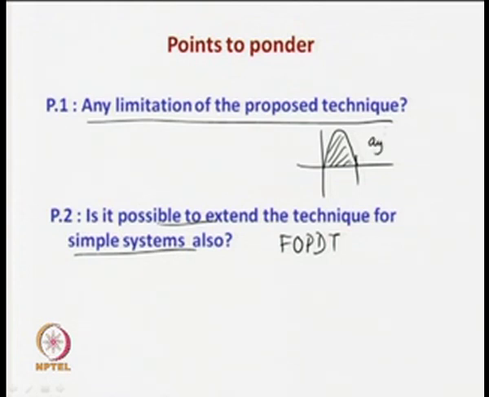So, A y dash, and similarly the area of half period of the input signal A u dash, and the ratio of the two will give you the steady state gain. That is particularly for first order plus dead time systems. Whereas this technique may not be applicable for large order systems or systems with higher dynamics.